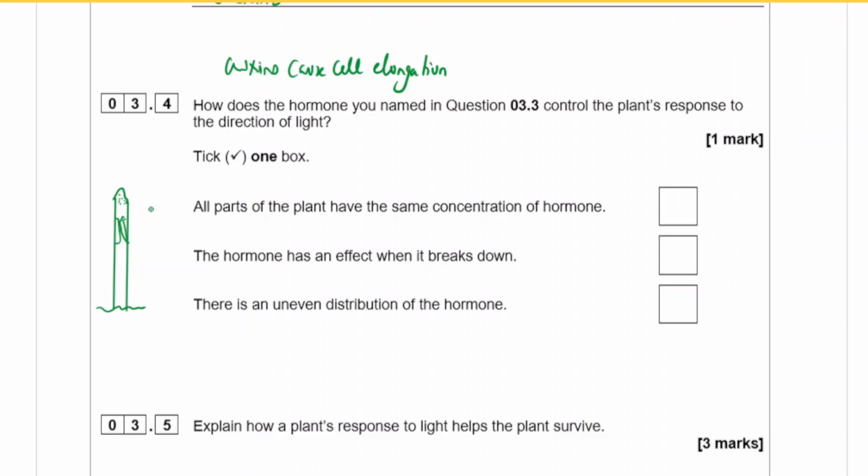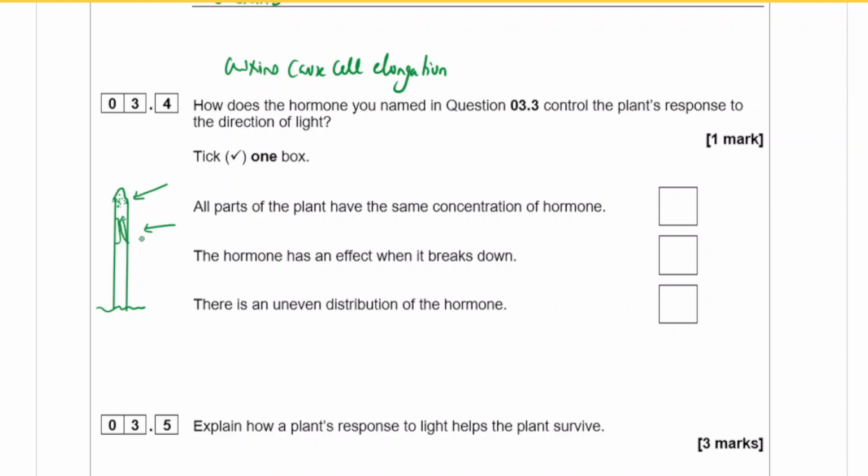thing to grow up. Now when light hits in one direction, the auxins actually move away from the light. When light hits the shoot from this direction, the auxins concentrate on the shaded side rather than the lighter side.